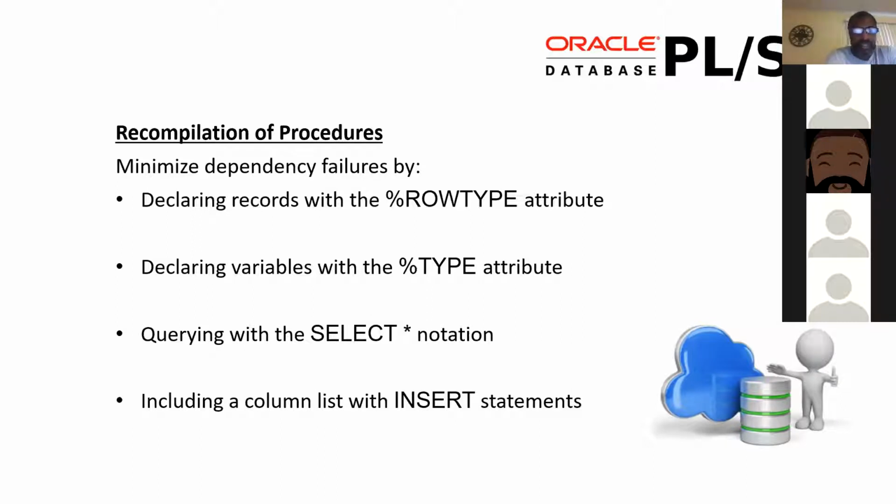Or the opposite: instead of the wildcard, you include the actual list of columns. And as you know, in PL/SQL there are ways to build dynamic SQL statements. It's extra programming, but maybe you would think about running something like that in a recompilation scenario.